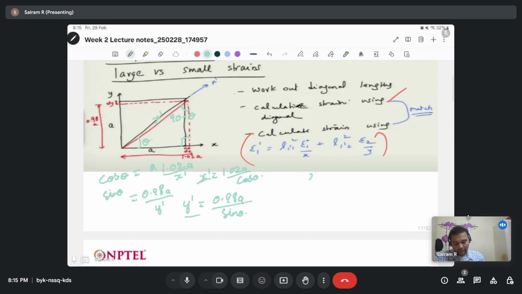You know the equation for x and y, which is a by cos theta and a by sin theta. So if you know the x and y, you can calculate the new distances, the difference between x prime and x, and y prime and y.